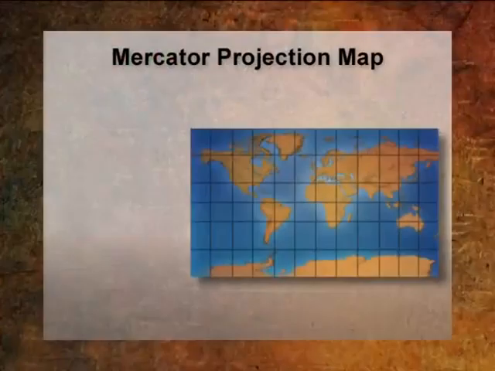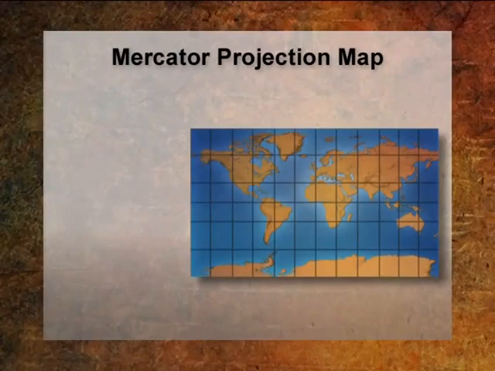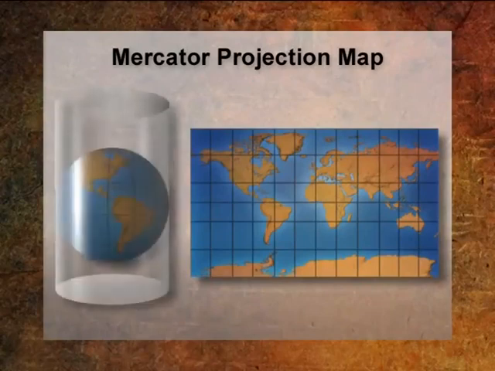And the idea here is that you've got a spherical Earth, and we want to represent that surface on something that is flat, so we wrap a cylinder around the Earth, and we take a vertical line that runs through the Earth, a line that runs from the North Pole to the South Pole, and we simply project out from that line through the surface to the Earth onto our cylinder.